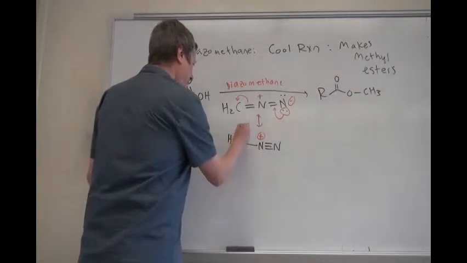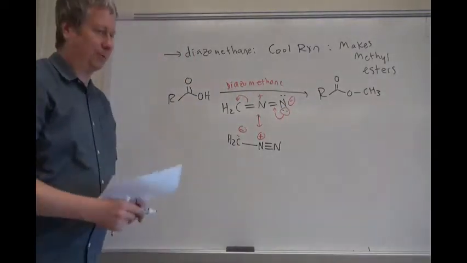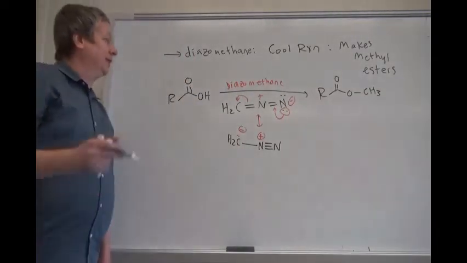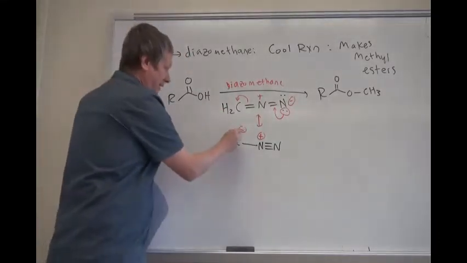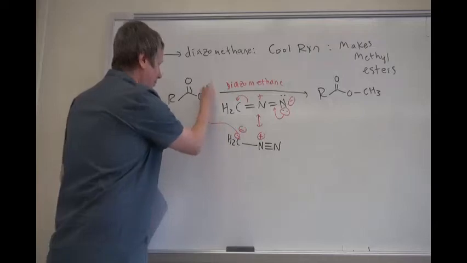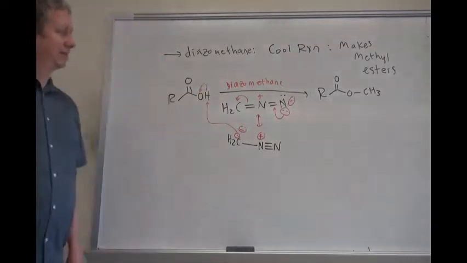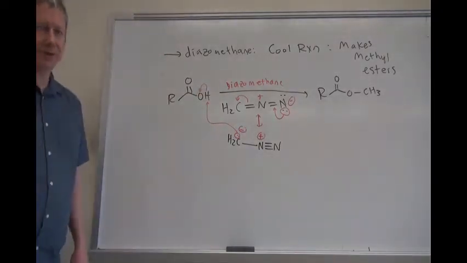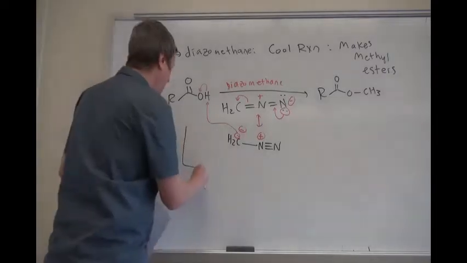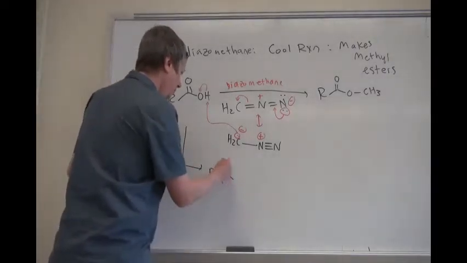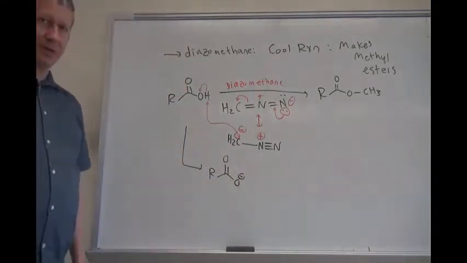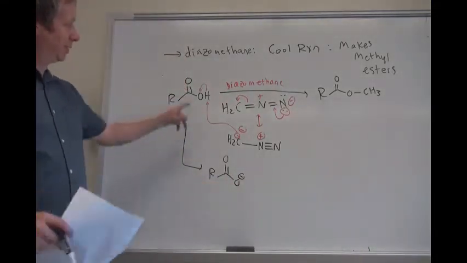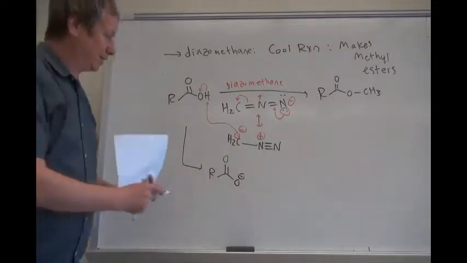Now you have a negatively charged carbon, okay? And this is actually a base, and it takes a proton off. So in the mechanism, CH2 grabs a proton, and that's really easy. And you have O- now. You have a carboxylate. You went from a carboxylic acid to a carboxylate.